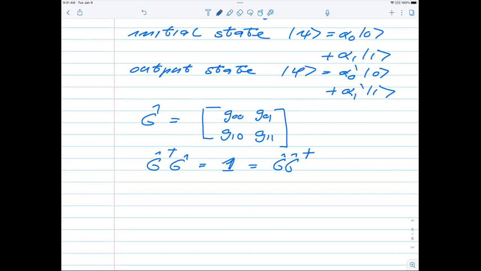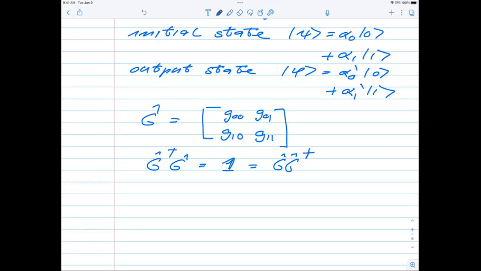So this implies that a quantum gate with a unitary transfer matrix can also be inverted. And this is extremely important since it shows that quantum gates are reversible, as opposed to classical gates, which are irreversible. So this is a very important aspect which we're going to look at.